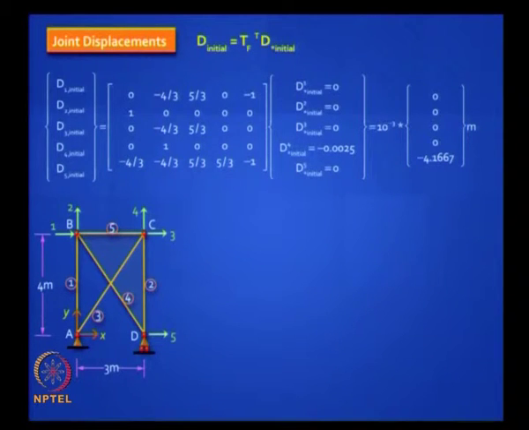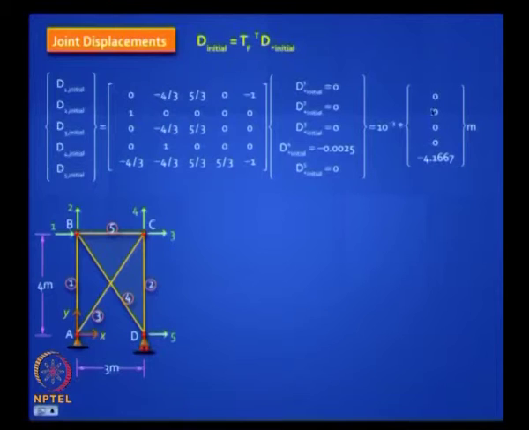Now CD is 4 meters, right, but with C as center and CD as radius I can draw an arc and I still retain the 4 meters. So I move it inward so that BC is able to reduce length. So that is a physical meaning, you can do it by sheer geometry, and that is the reason why only one of these is non-zero, all the others are 0.